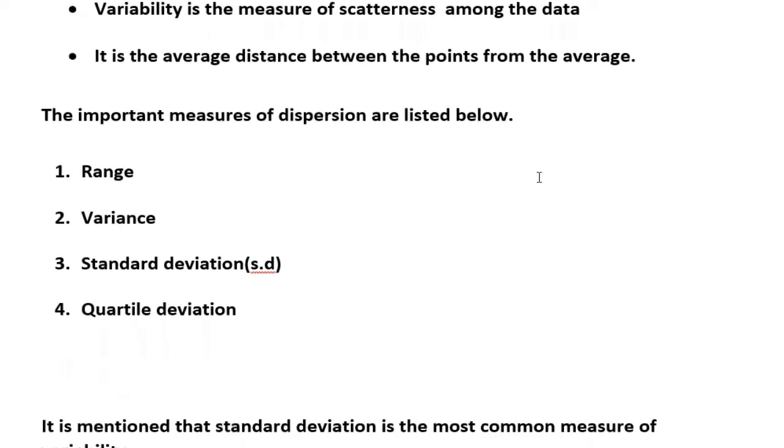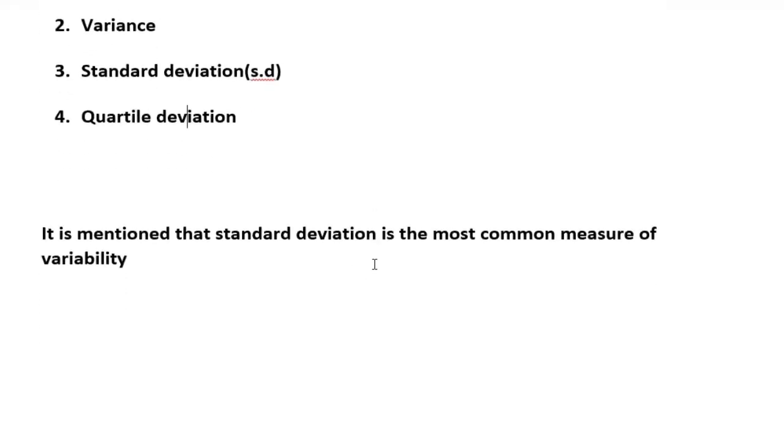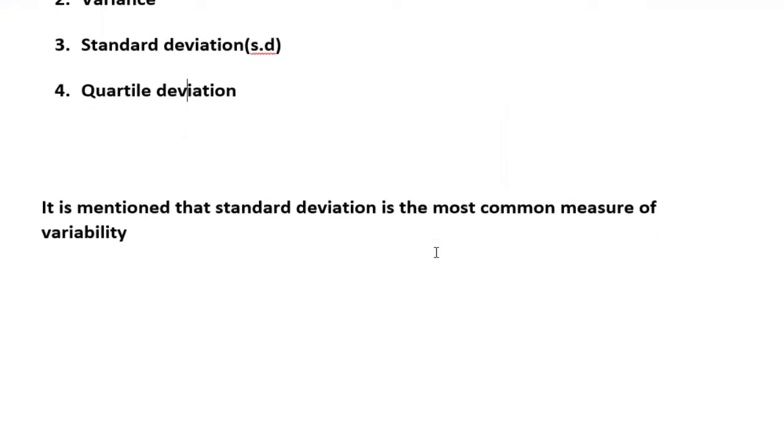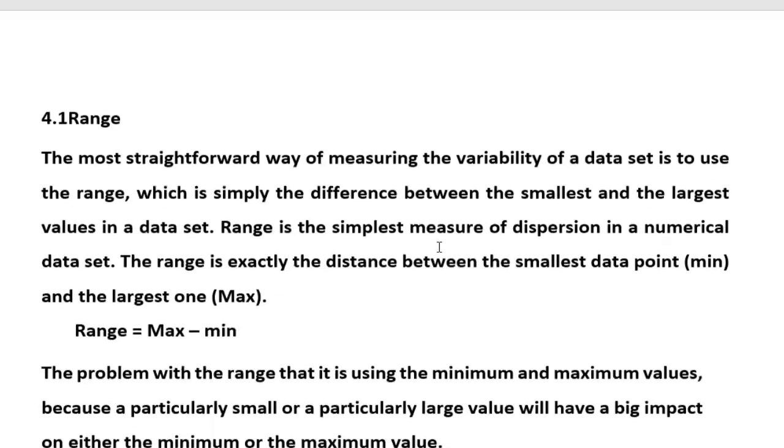There are many measures of variability. The important ones are range, variance, standard deviation, and quartile deviation. In this course, we will emphasize variance and standard deviation, as standard deviation is the most widely used measure of variability, so we have to learn it.